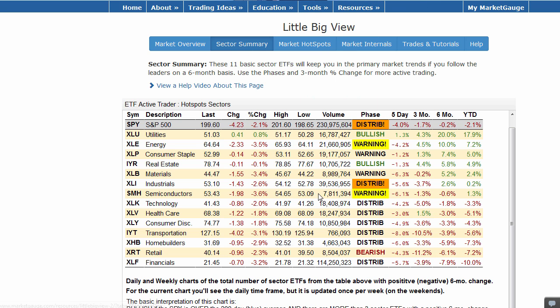So I'm in the sector summary. Let's take a look at some of these sectors and see how they're performing. So XLV recently up about 1.5% over the last 3 months. There aren't many sectors that have been up over the last 3 months, even fewer over the last 6 months.